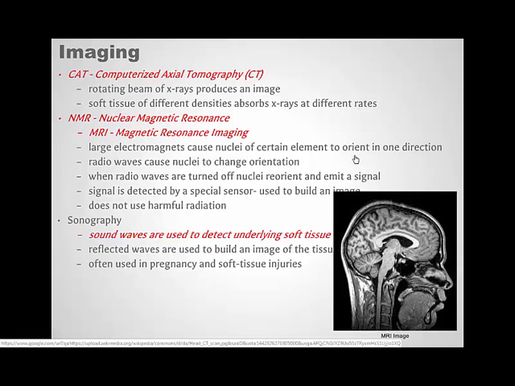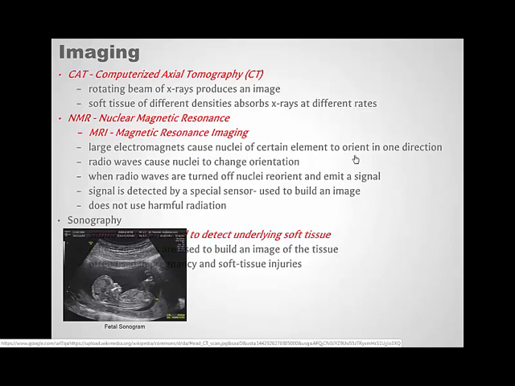Here's an MRI again of a person's head looking from the side, and you can see the brain tissue and so forth. And then we have sonograms. This is a fetal sonogram. You can see the fetus inside of the womb.